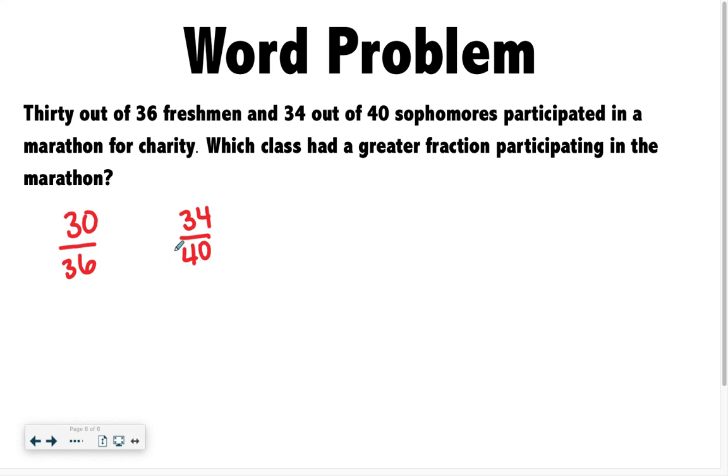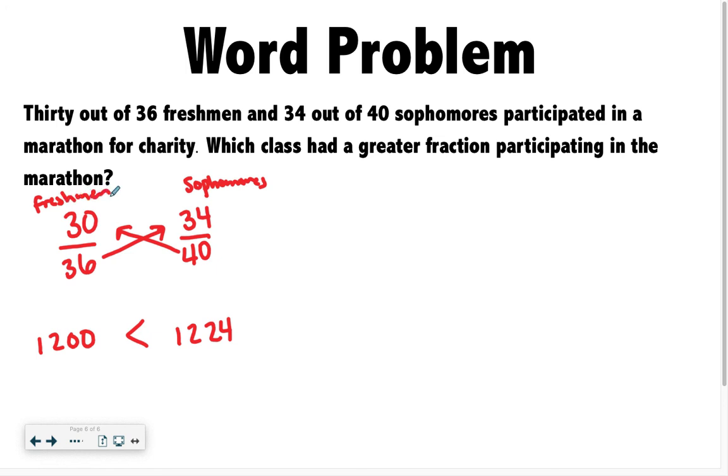You can either multiply 30 times 40, which is 1200, and then 36 times 34, which is 1224, and you would see that the sophomores had greater participation.